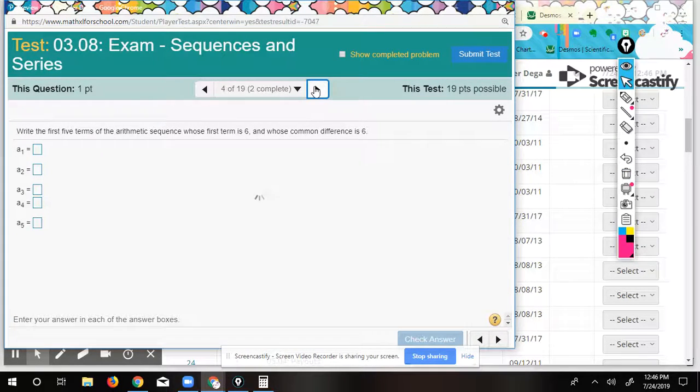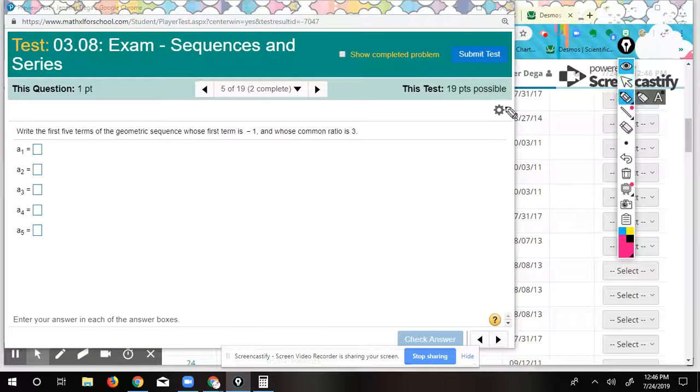We're going to do number 5. Okay, write the first 5 terms of a geometric sequence whose first term is -1 and common ratio is 3. So that means we're starting with -1, and if our common ratio is 3, that means we're multiplying by 3 every time.